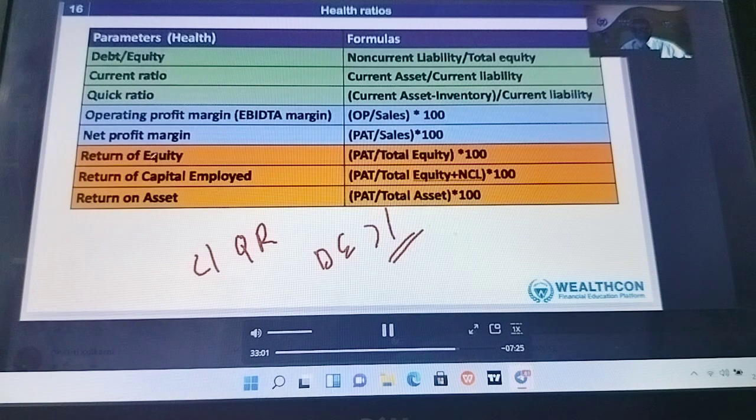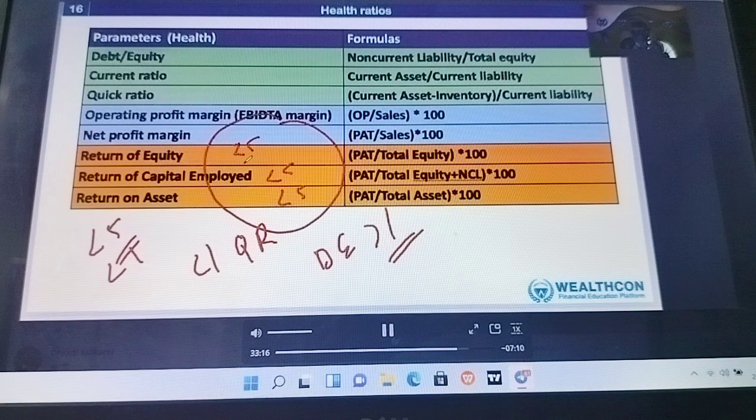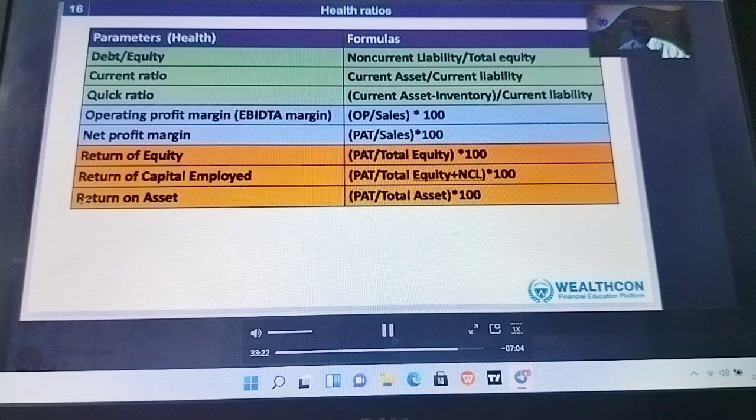Operating profit margin less than 5, net profit margin less than 5, return on equity less than 5, it's bad. In general, this will be industry specific. When you study, you will find out which is the best company and you correlate with others. These 5, 6 are just numbers for your understanding. These are not absolute guidelines.